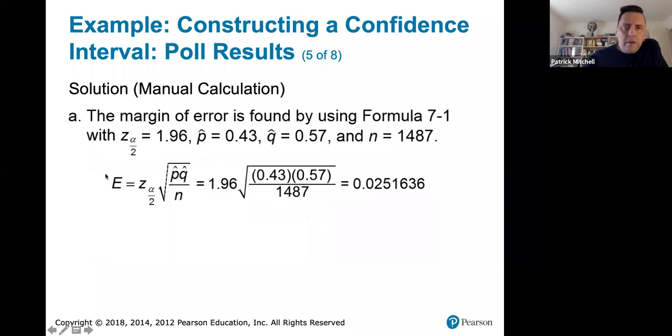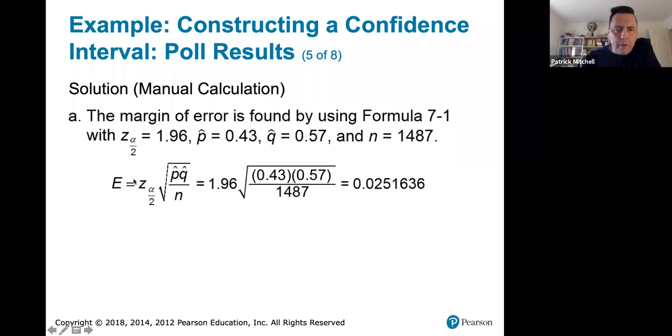Okay, so this is the way I normally do it. First of all, 95% confidence level. That was the example we did earlier. The critical value associated with that is 1.96. P hat is 0.43. That's our sample proportion, which means Q hat is 1 minus 0.43, which is 0.57. And n is 1,487.